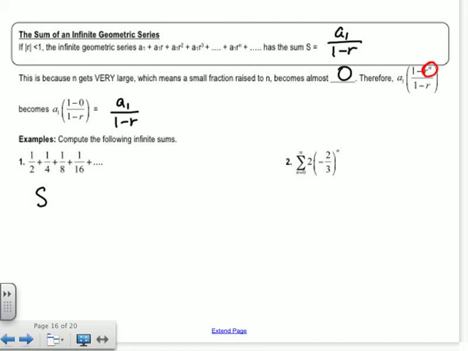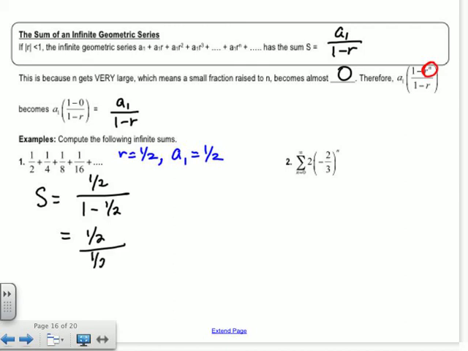So your sum, which we just call s now, is equal to a sub 1, which is 1 half, divided by 1 minus r, which is 1 half. You can write r equals 1 half, a sub 1 equals 1 half to see where we got those. So I have 1 half divided by 1 minus 1 half, which is also 1 half. So I get 1.